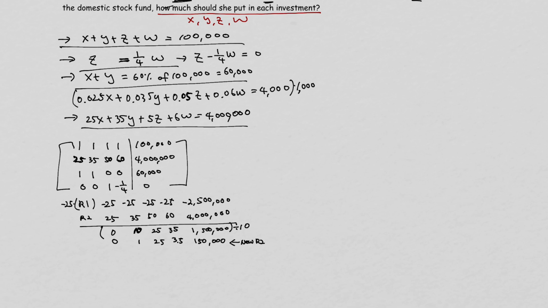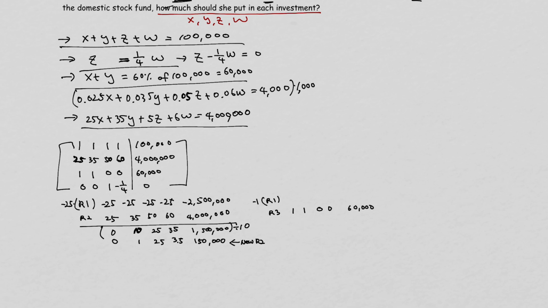And then I'm going to do row 1, multiply by negative 1, and add it into row 3, because row 3 is positive 1. I'm trying to make that into 0. That's why I multiply row 1 by negative 1.